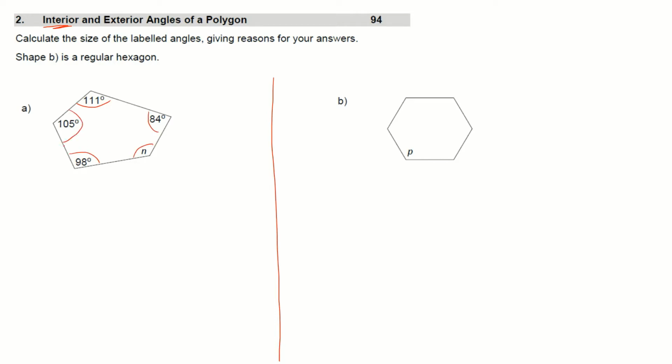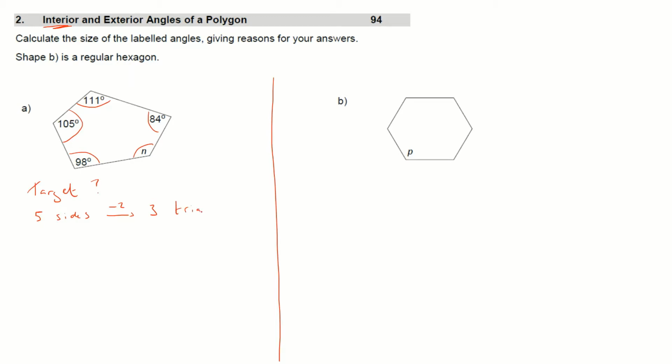All right, so remember you have to know what is the target number for the angles inside this shape? Well, you should have known by now, because we've done it in previous lessons. Remember, it's all about triangles. If you count the sides, this shape here has got 5 sides, it's a pentagon. You count the sides and you take away 2. 5 take away 2 is 3.